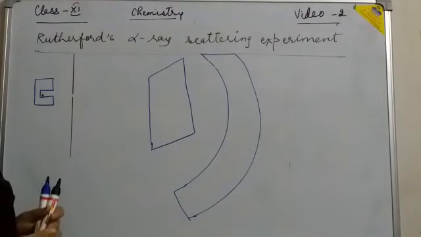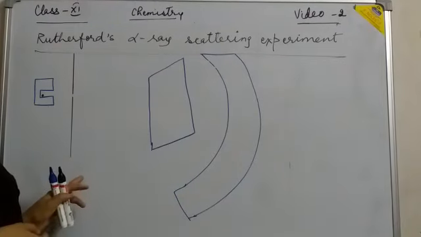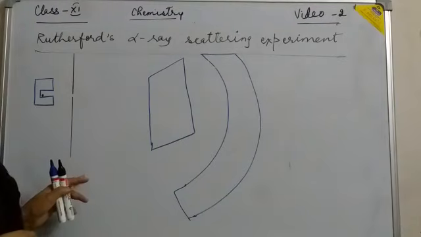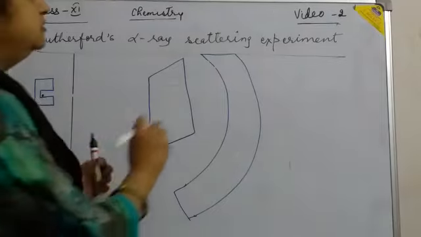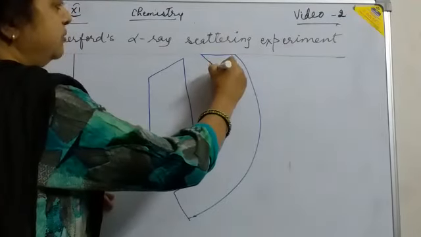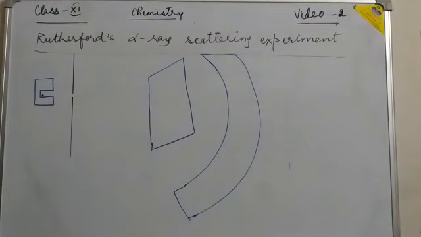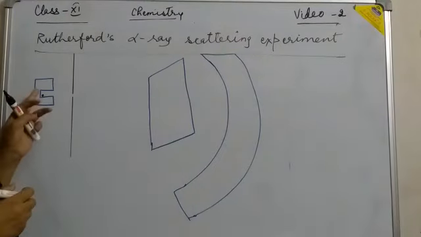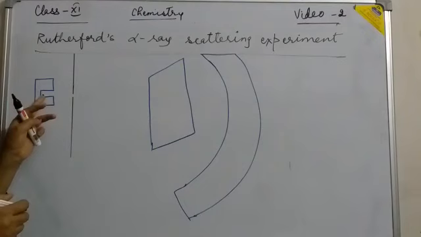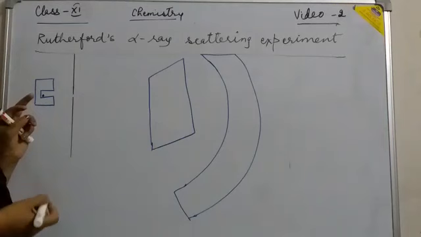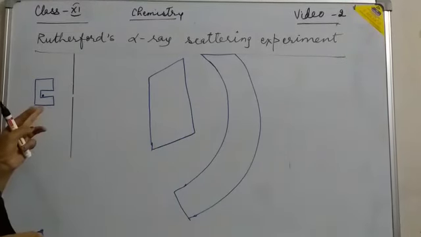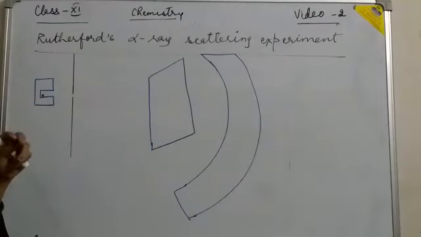Rutherford wanted to know the position of electron and magnitude of proton in J.J. Thomson's plum pudding model. To know that, he used an alpha ray source. This experiment he did with his students Geiger and Marsden also.